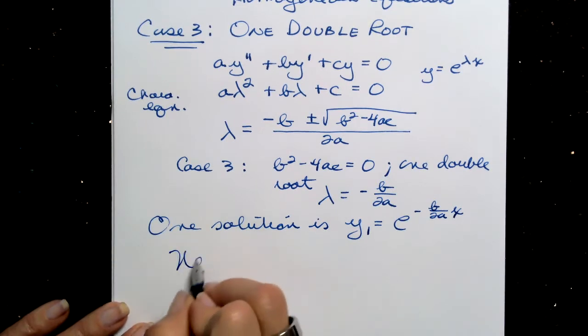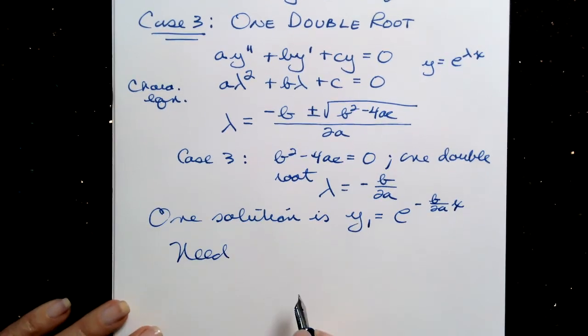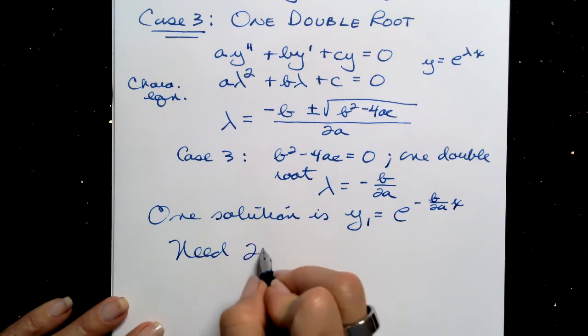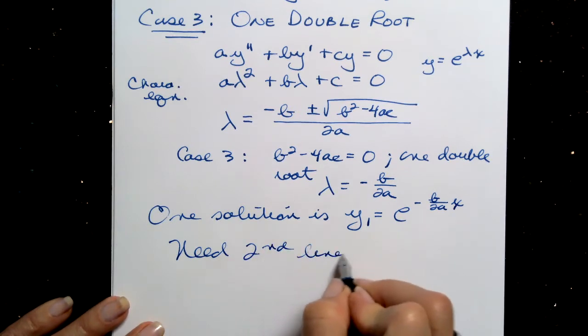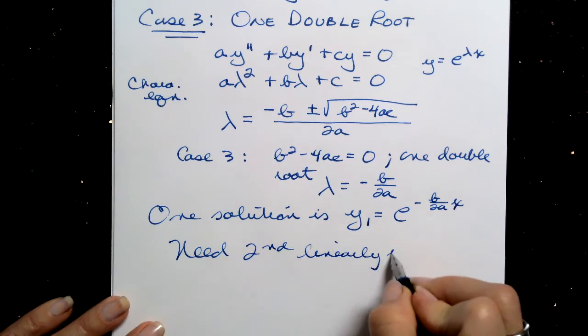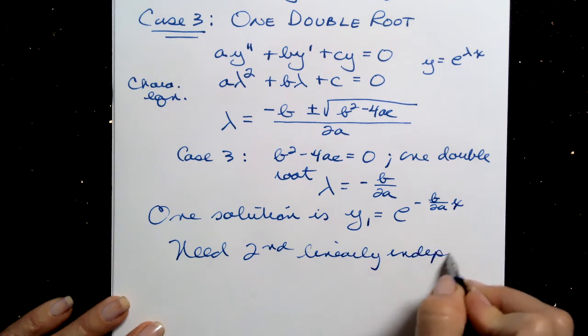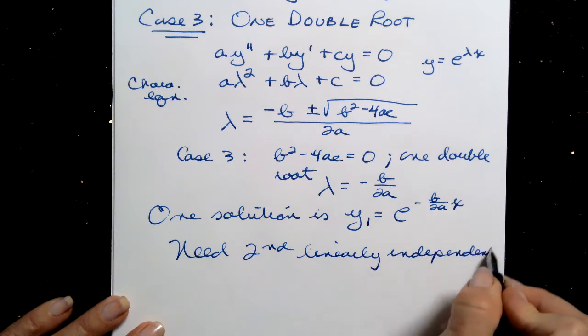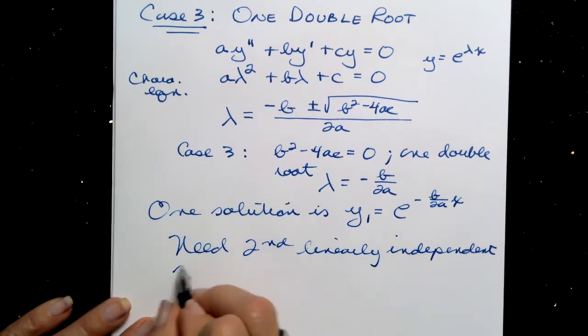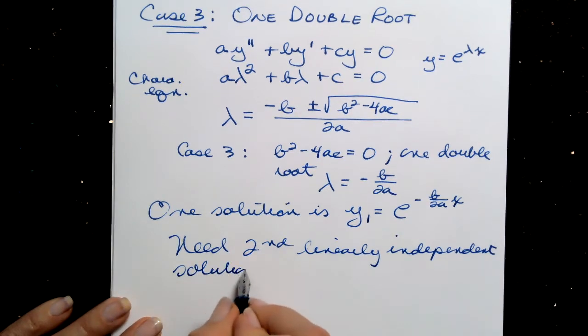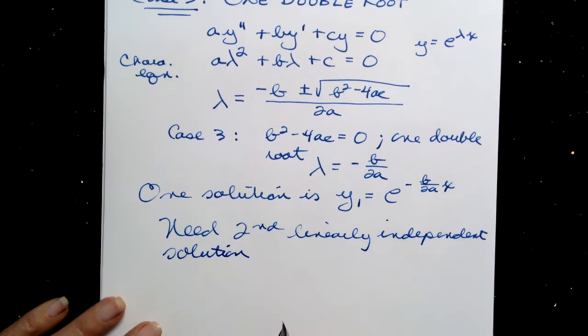But in order to write the general solution, we need a second linearly independent solution. And remember, when you only have two functions, you don't really need to know much about linear independence. It just means that you need a solution that is genuinely different.